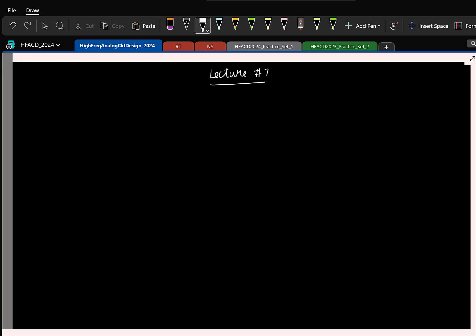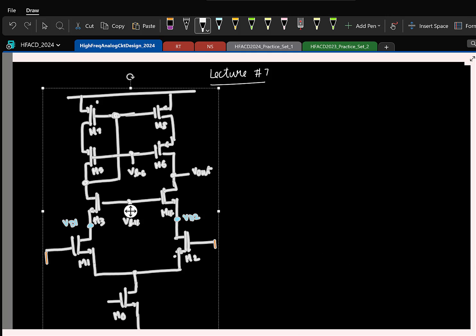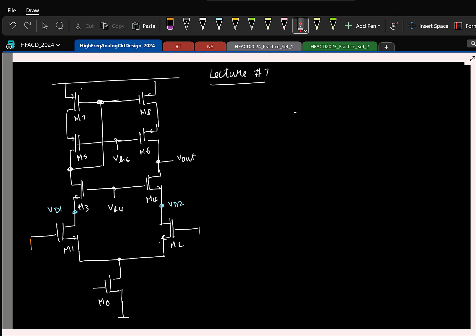So, in the last class, we looked at the telescopic cascode op amp. Yeah, so this is the telescopic cascode. We still have the same old differential pair.